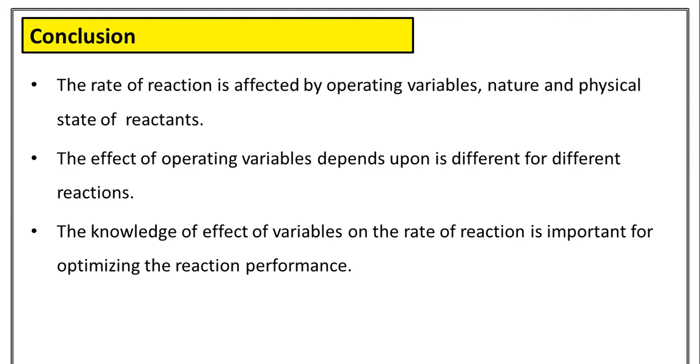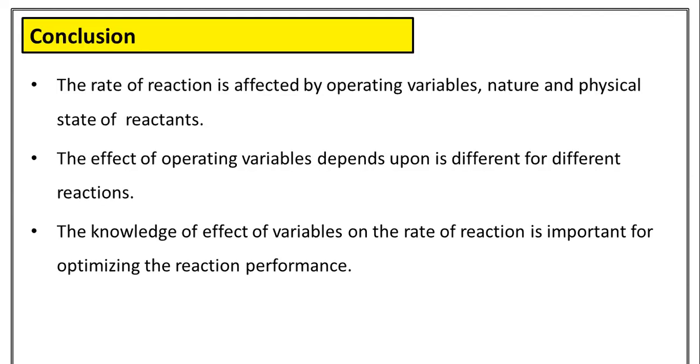Now, as a chemical engineer, our objective is always to enhance the rate of reaction to facilitate higher yield, and that is only possible by optimizing the parameters mentioned earlier, which have the greatest influence on the rate of reactions.